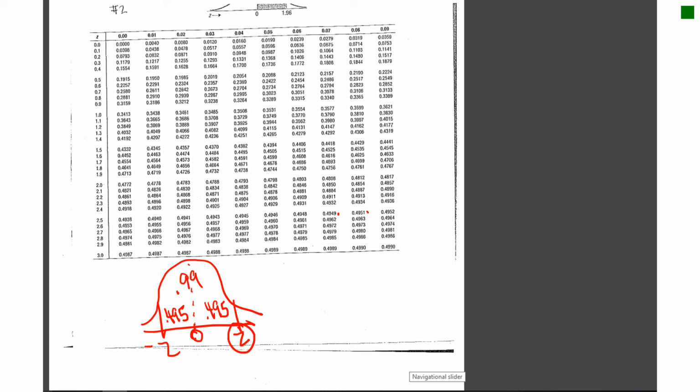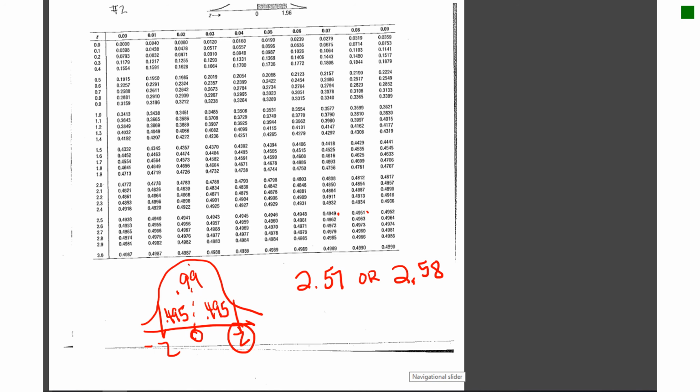I see 0.4949 and 0.4951. You can really just toss a coin to choose either one. You'd either see 2.57 or you can say 2.58. I believe in the solution manuals they use 2.58. So in any case, that's how you use these confidence interval percentages to locate your z-scores.